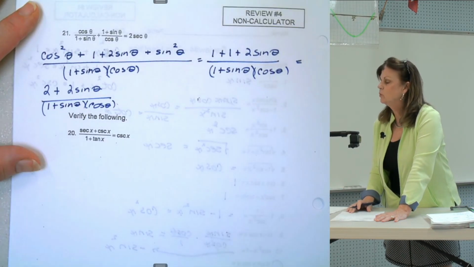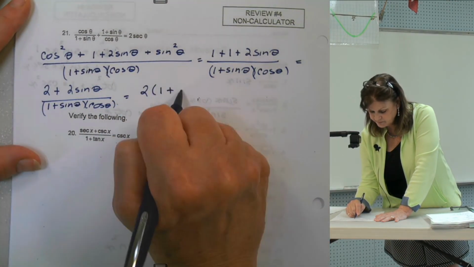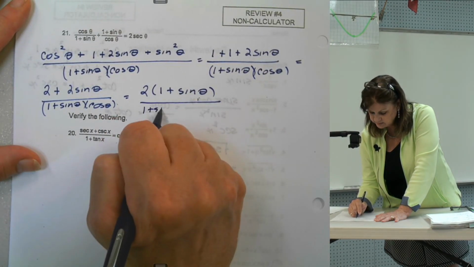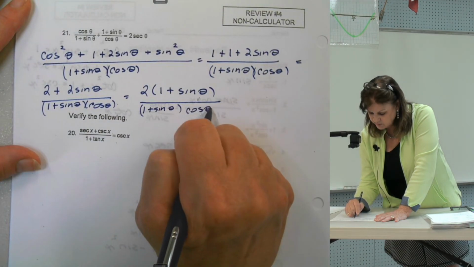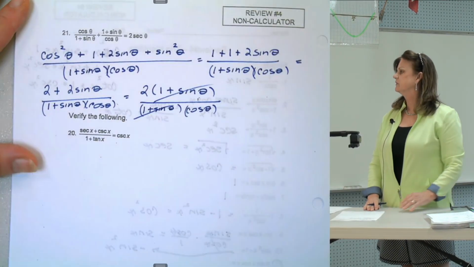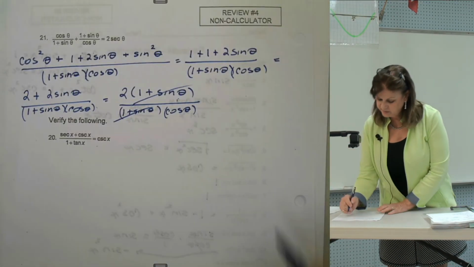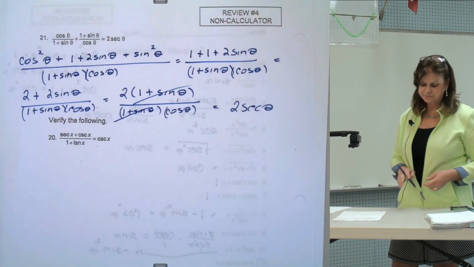What can I do in the numerator? Well, of course, we can factor out the 2. And once we do that, we can get rid of that common factor, leaving us 2 over cosine, which of course is 2 secant theta.